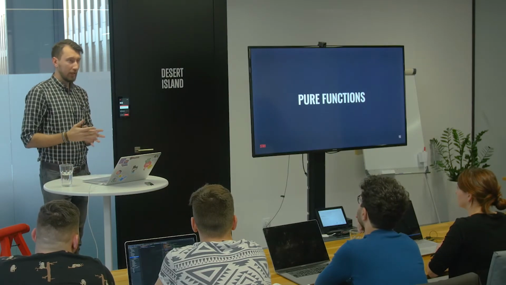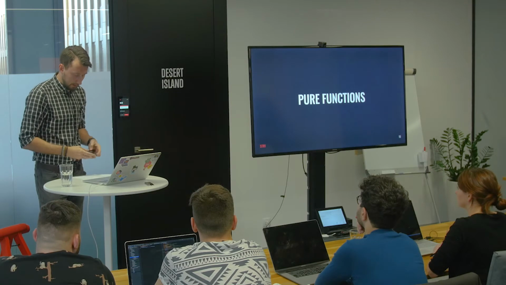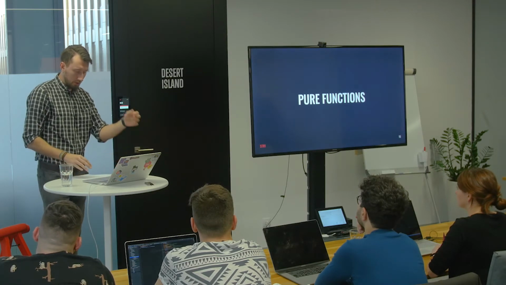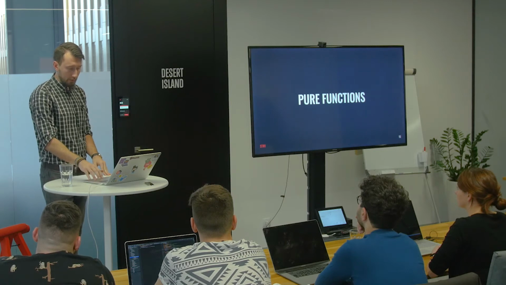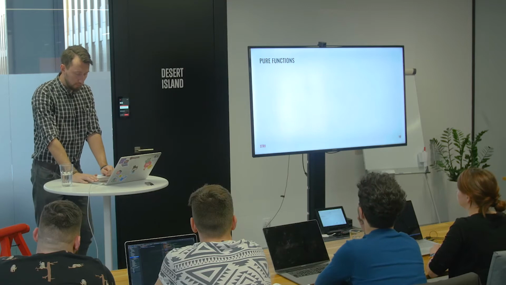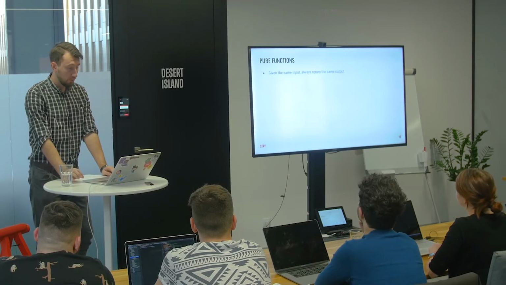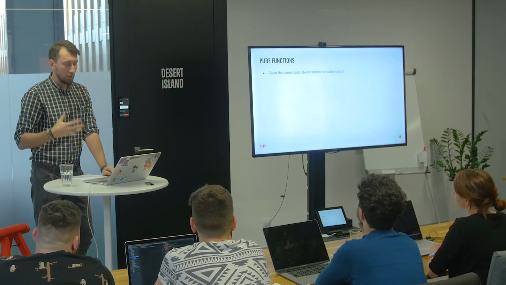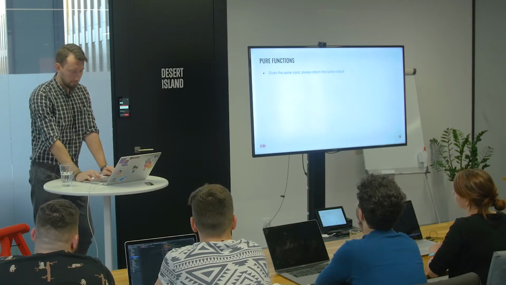The second important concept that we need to cover is the idea of pure functions. So pure functions, they're just regular JavaScript functions, but they follow a few rules. The first rule is that a pure function, when it's given the same input, always produces the same output.